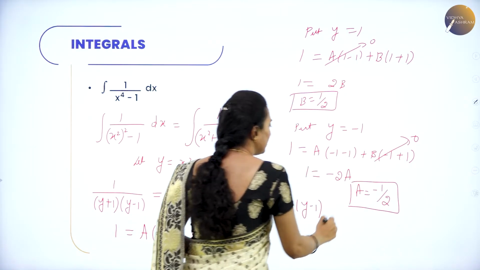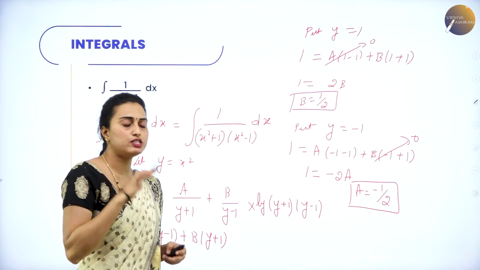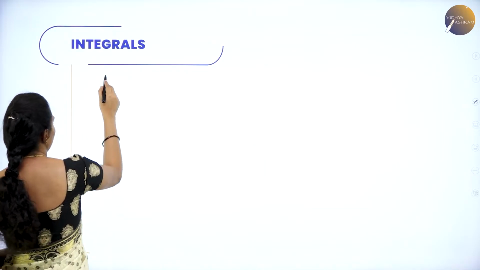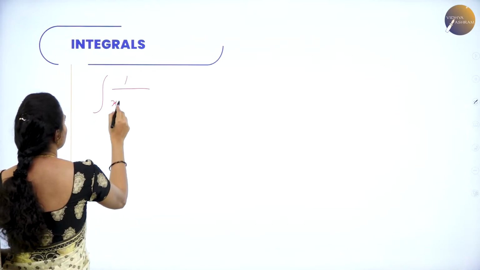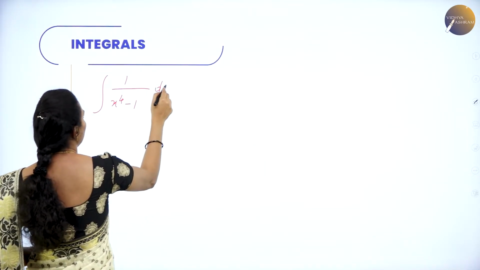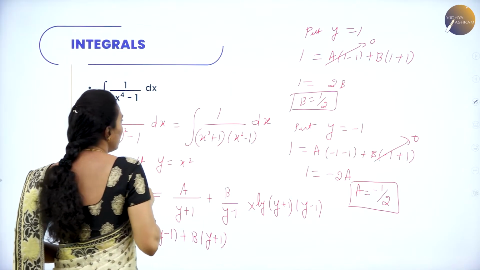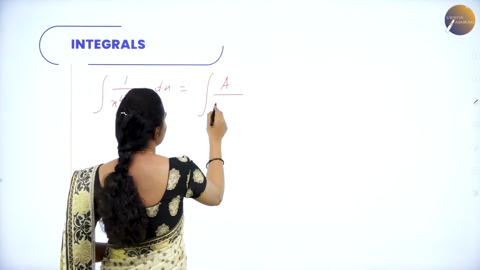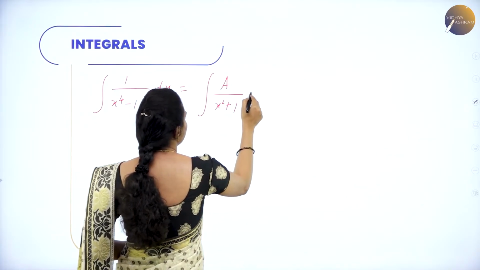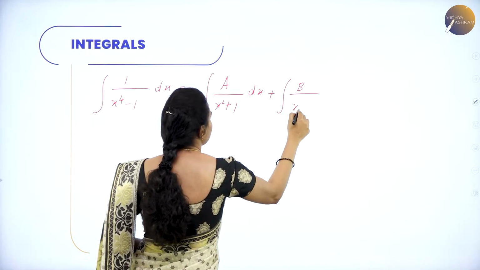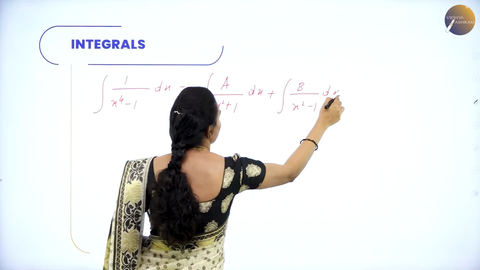Now substituting this a value and then b value and substituting x squared is equal to y, the integral of 1 divided by x to the power of 4 minus 1 into dx becomes integral of a divided by (1 plus x squared), that is (x squared plus 1), into dx, plus integral of b divided by (x squared minus 1) into dx.